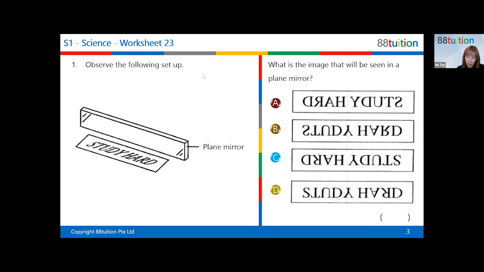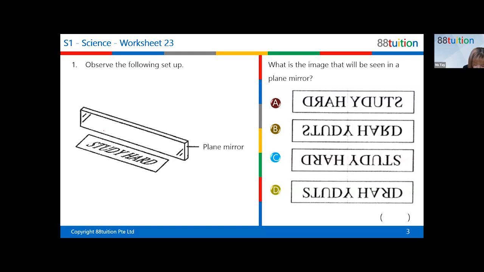Question 1 is this. If you observe the following setup, there's a plane mirror positioned this way. So what do you think the image that's going to be seen in the mirror will be? Okay, so this is study hard. You're supposed to be able to tell, so you have S, which should be this way now, right?